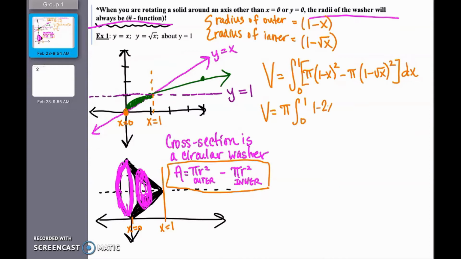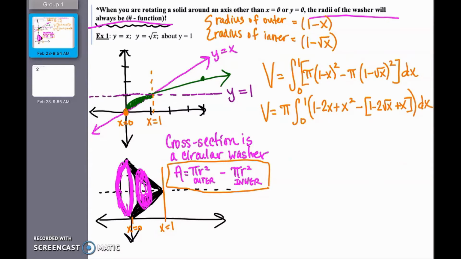And then I am going to FOIL out the 1 minus x quantity squared, which is going to give me 1 minus 2x plus x squared. And I'm going to FOIL out the 1 minus the square root of x quantity squared. Now I still have the negative sign in front, but when I FOIL that out, I get 1 minus 2 square roots of x plus x, okay? And then this whole thing times dx.